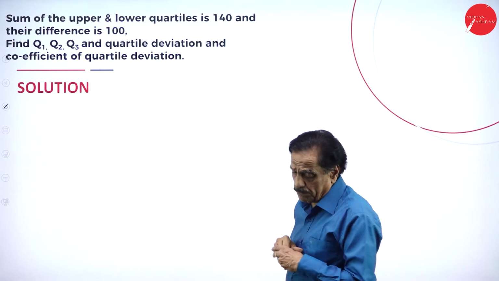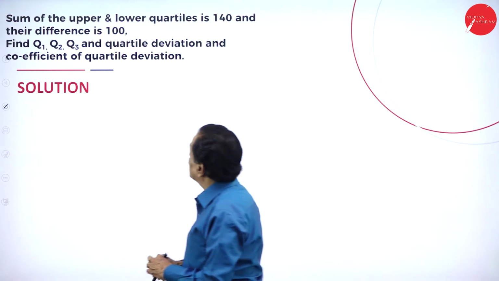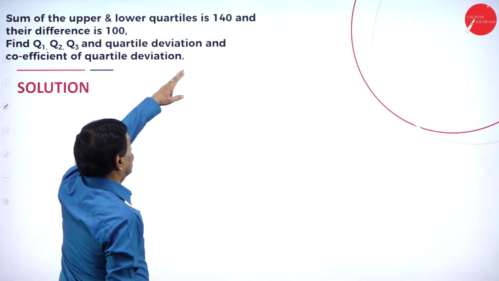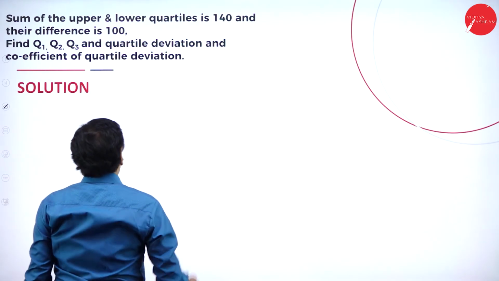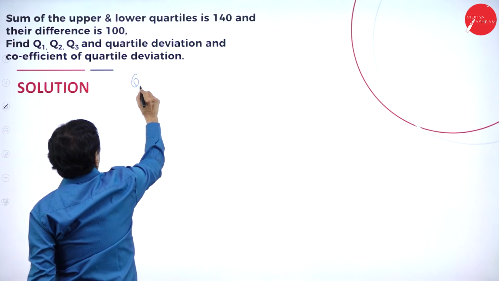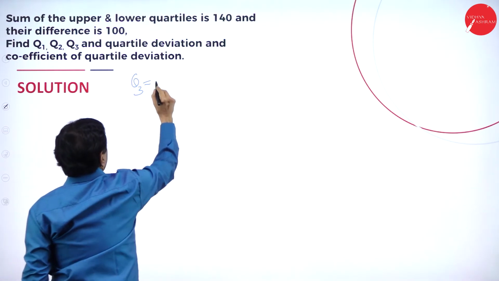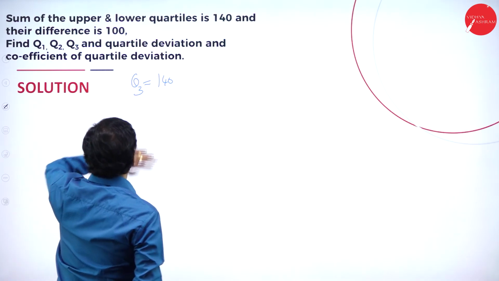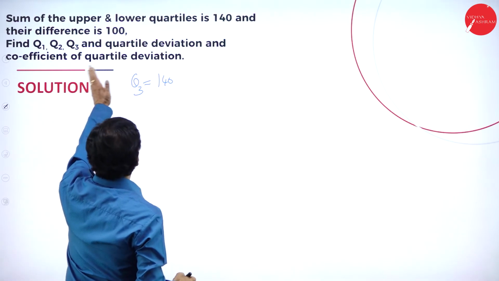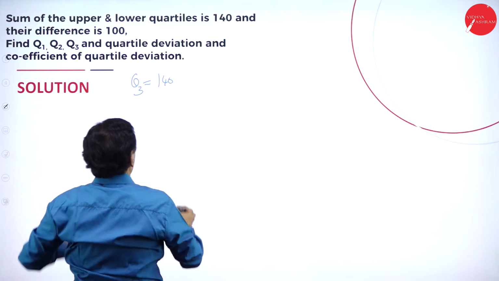Then the last problem is a statement problem. If the statement problem is given, see that the sum of the upper and lower quartile is 140 and their difference is 100. Upper quartile is Q3. Q3 is how much? Sum of the upper and lower quartile is 140.